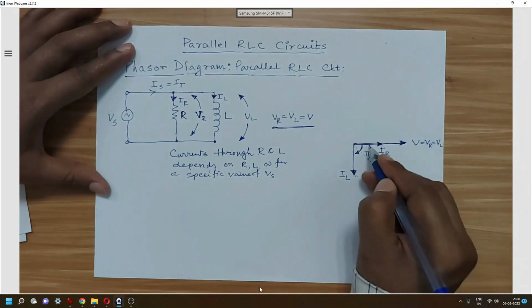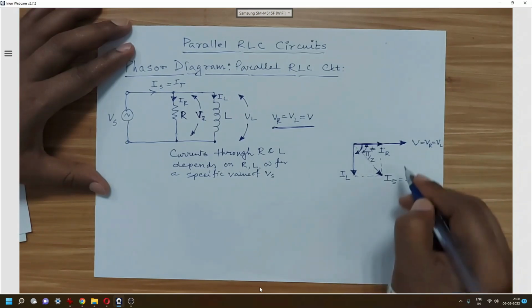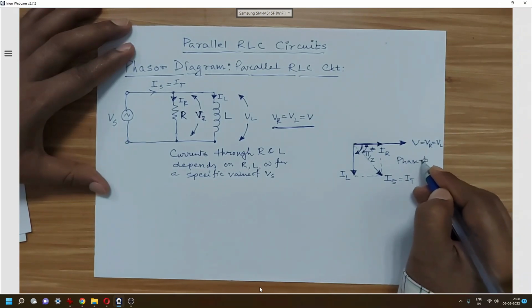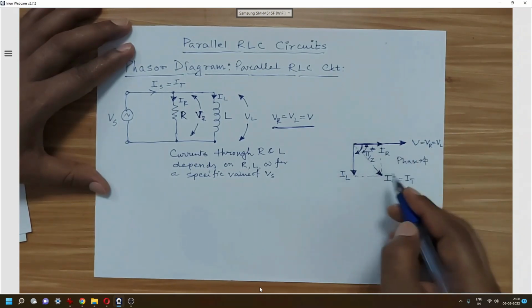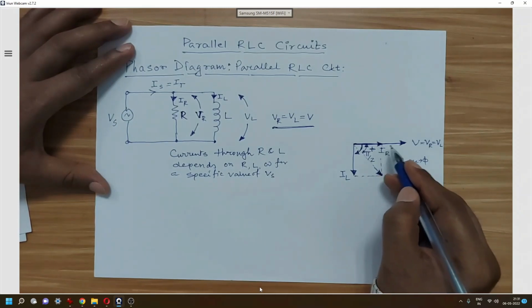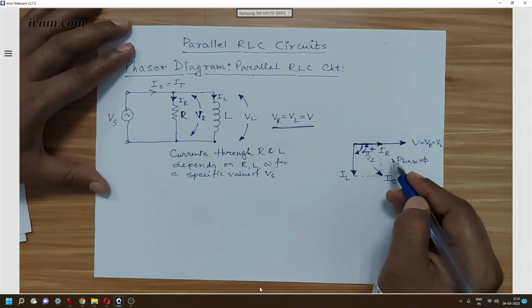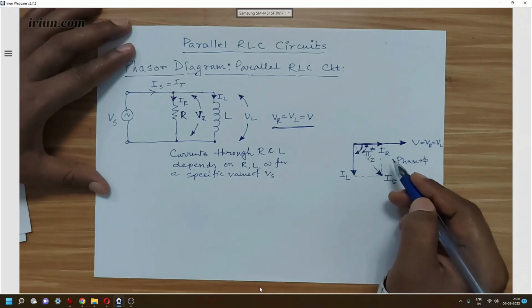Now IT will have one phase angle, that will be phi, and this is called the phase angle phi. You can see that this phasor is lagging behind the voltage. So in which circuit does the current lag? In an inductive circuit.